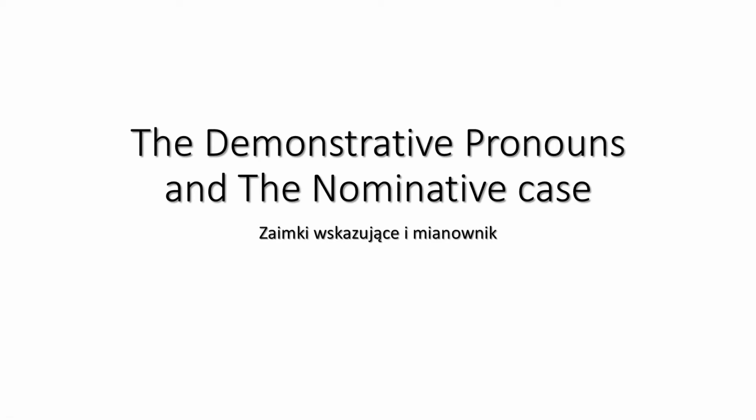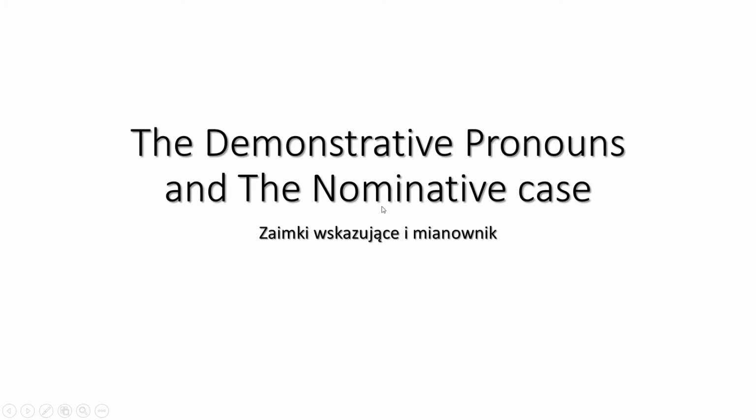For example, samochód, mężczyzna, kobieta. These are the unchanged forms of any noun. This is called the nominative case, or the mianownik. It is the first case in the Polish language, so they're going to go hand in hand.